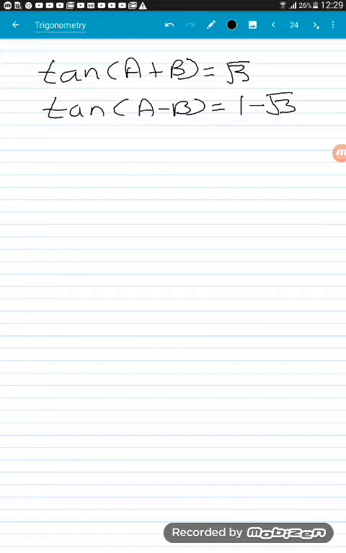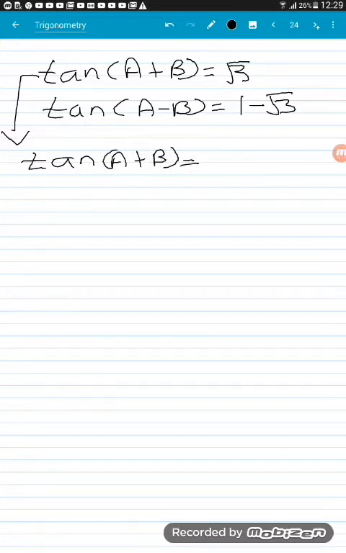So tan A plus B equal to root 3. Root 3 comes for 60 degrees, so it will be tan 60 degree. You can't write directly 60 degree, it will be combined tan 60 degree.